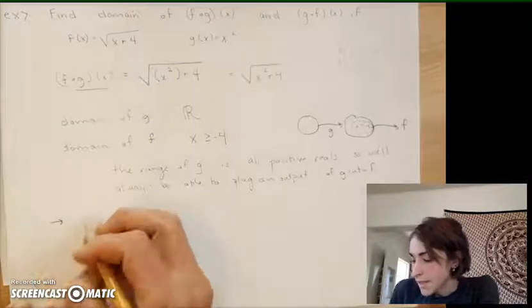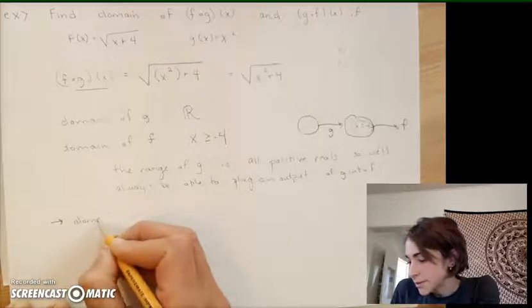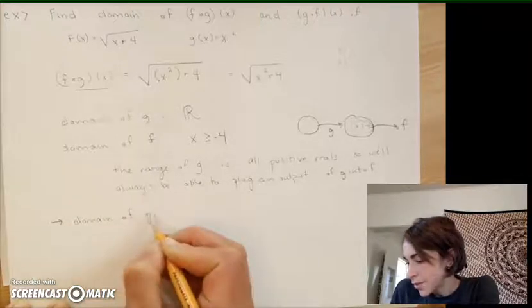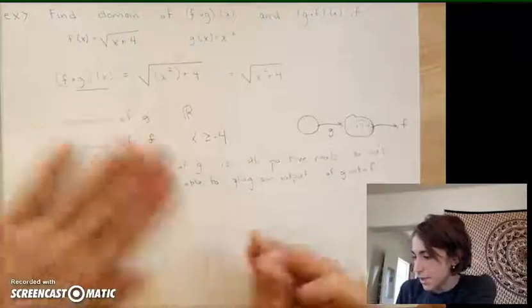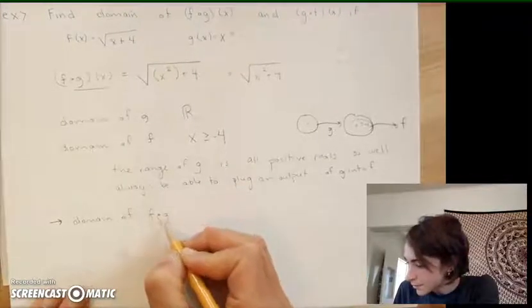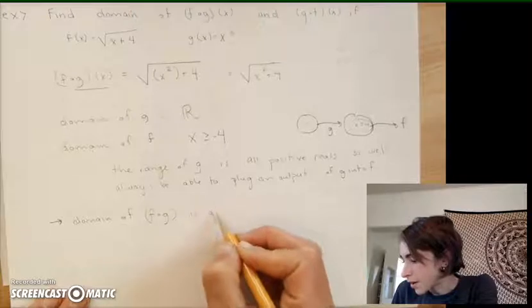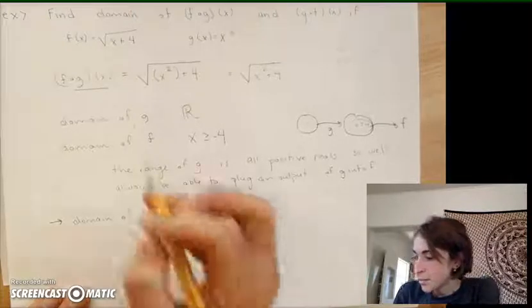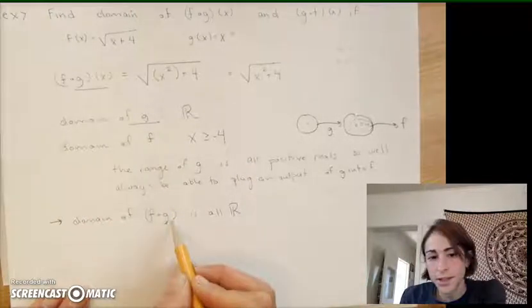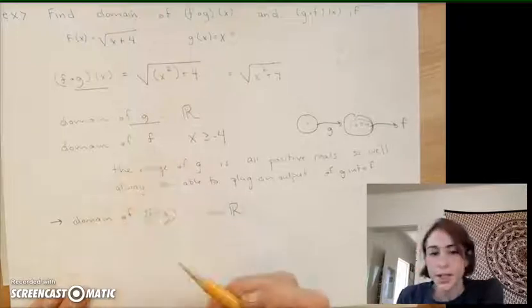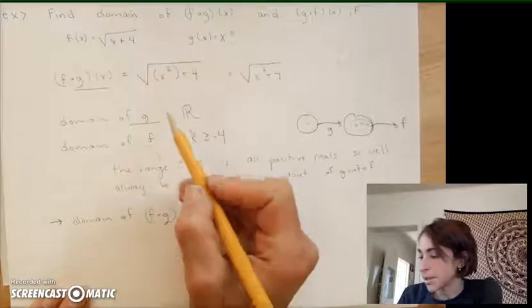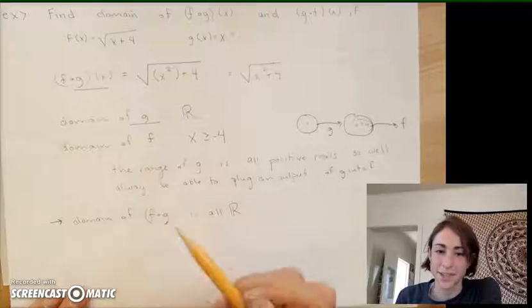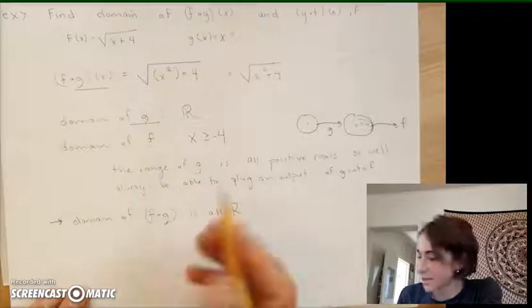So putting all of this together means that the domain of f composed with g is all real numbers, because we're not restricted by the inner function, and what can be plugged into the inner function is in the domain of the outer function.